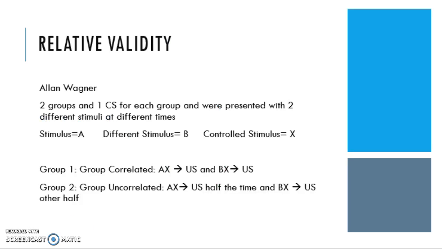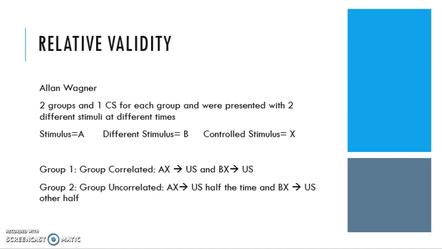Then we go on to Allan Wagner and relative validity. He studied around the same time as Kamin, but he did a little bit of separate research. He provided two groups, and both groups had a conditioned stimulus occurring in every trial, and half the time it was simultaneously presented with a stimulus, and the other half with a separate stimulus.